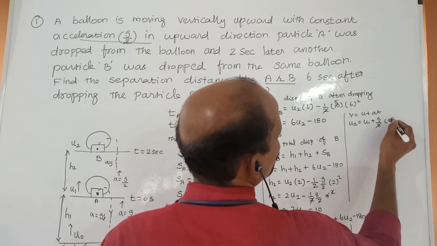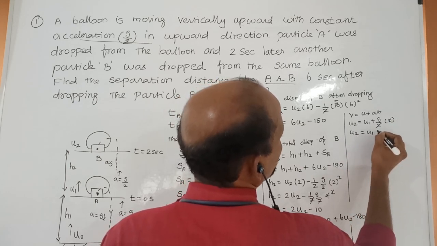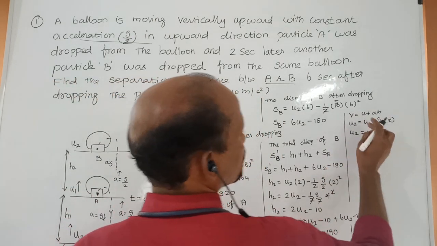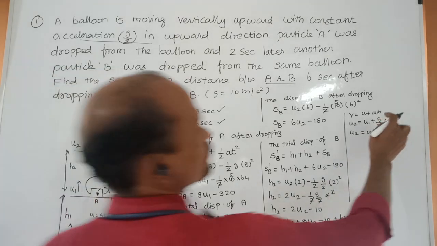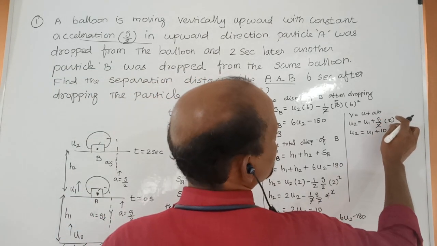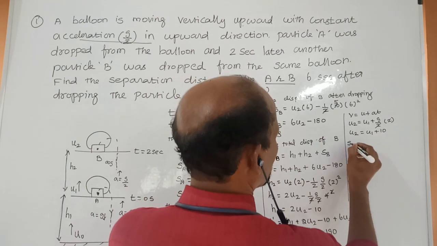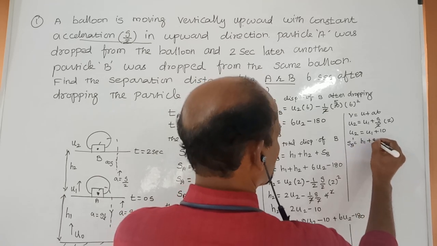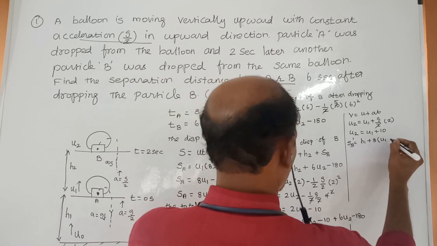The 2 cancels, so u2 equals u1 plus 10. So by substituting the value of u2 in this equation, S_B dash equals H1 plus 8 times u1.